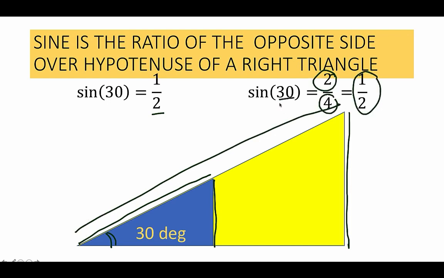And that is also the sine of 30 degrees. You notice now here that as long as the angle is the same, no matter what right triangle we form by extending the length of the side and the length of the hypotenuse, still the ratio of the opposite side over the hypotenuse remain the same. That is because these two triangles are proportional.